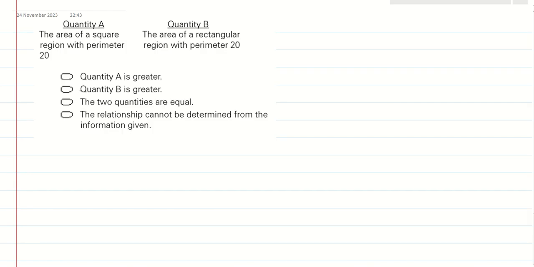The area of a square region is what? Side squared. So what is the area? L plus B, how much is given? 20.